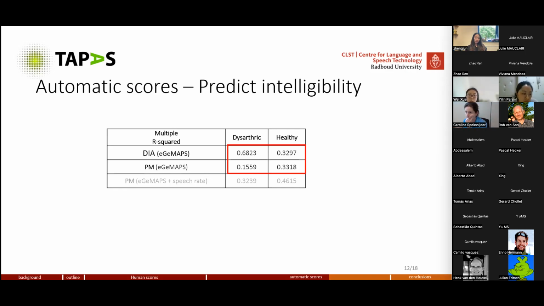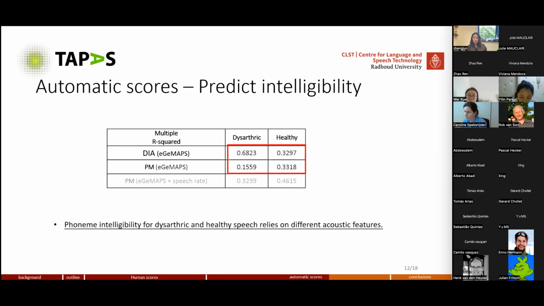As you can see, the multiple R-squared scores are higher for the dysarthric speech on the isolated words, so the DIA task, than using the running speech in the PM text. Whereas healthy speech showed similar and relatively low scores in both speech materials. This indicates that phoneme intelligibility for dysarthric and healthy speech seem to rely on different acoustic features.